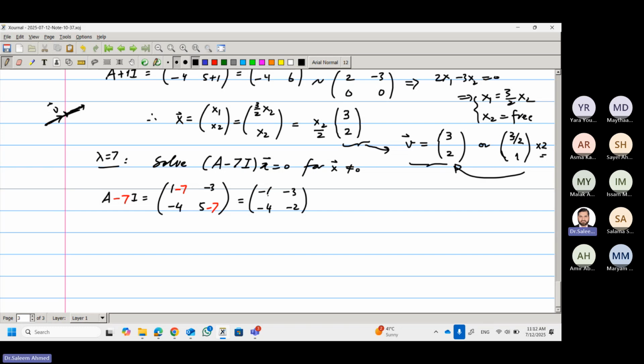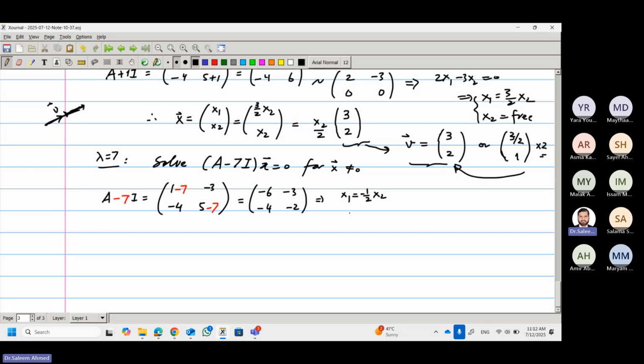So again, these both give you the same thing. You see, the first equation gives you minus 6x1 minus 3x2, so x1 becomes 3 by 6, minus 1 by 2 x2. And the same thing comes from here. 4x1 is equal to 2x2, so x1 becomes 2 by 4, which is 1 by 2.